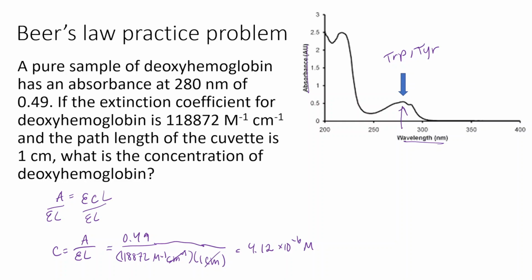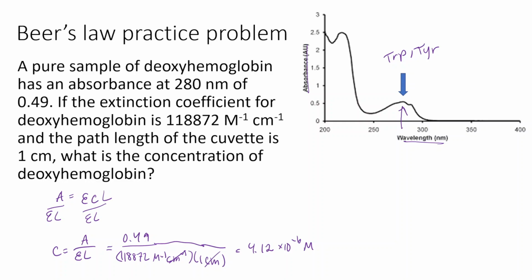That's true. So those are the two amino acids that absorb strongly at 280, and that's why we measure absorbance at 280, and that's why different proteins have different extinction coefficients, because different proteins have different ratios of tryptophan and tyrosine compared to other amino acids. So every protein is special.